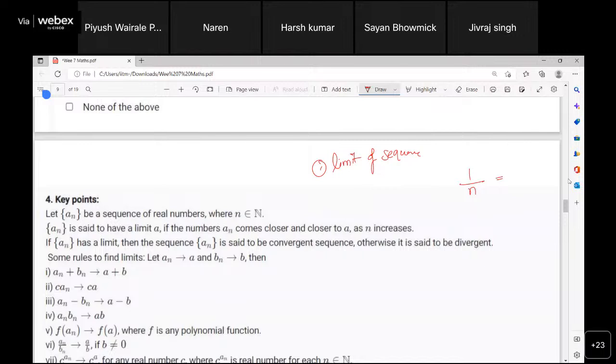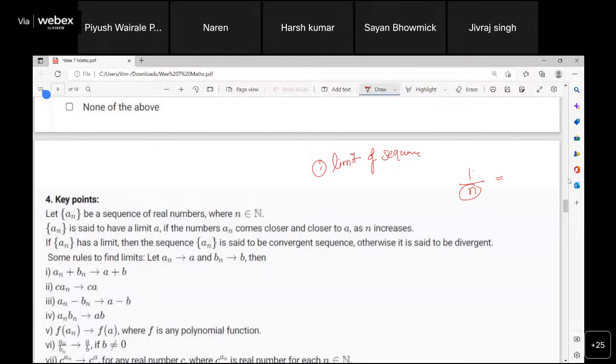Okay, so if I increase the value of n, at what particular number will this whole sequence tend to? It will not reach that particular point, but it is the limit of this sequence, right? So what limit do I have to take to find the limit of the sequence 1 by n, or in general?